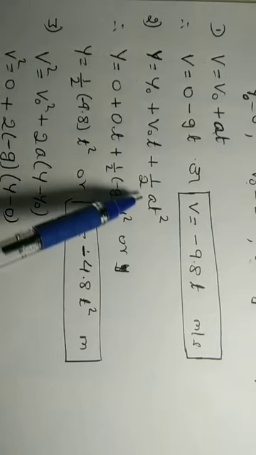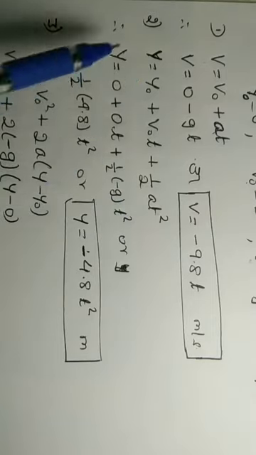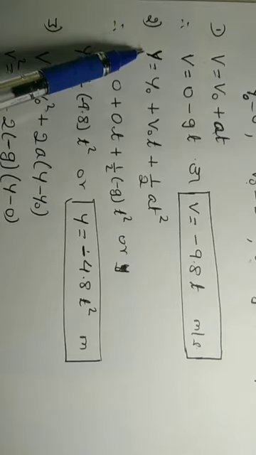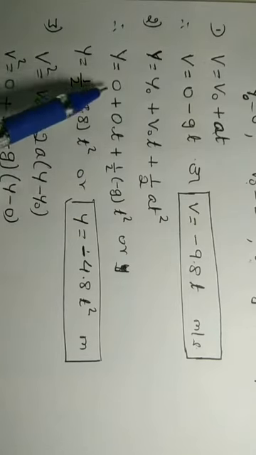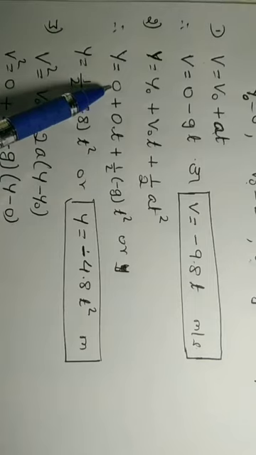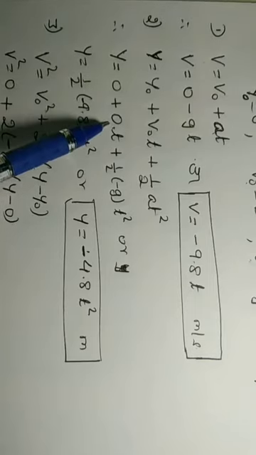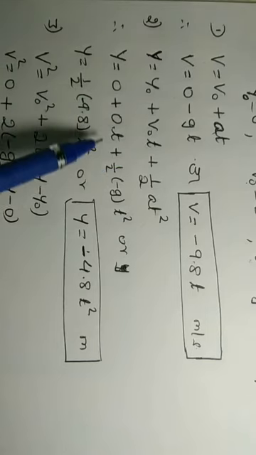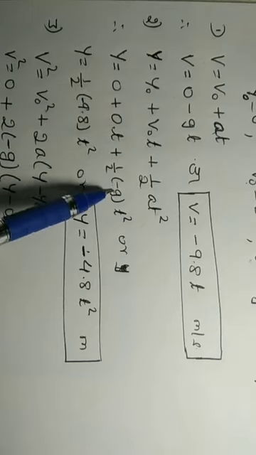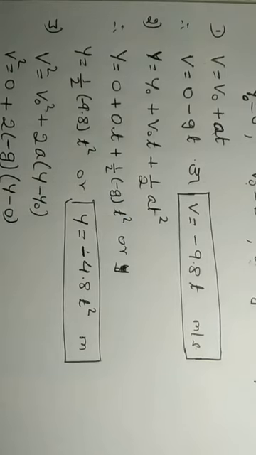You know another equation, x equal to x naught plus v naught t plus half at square. In the same way you can write in y terms: y equal to y naught plus v naught t plus half at square. Here the initial position is taken as 0 and the initial velocity is taken as 0, so you can cancel these two terms, therefore you will get half into minus g, that is a, into t square.